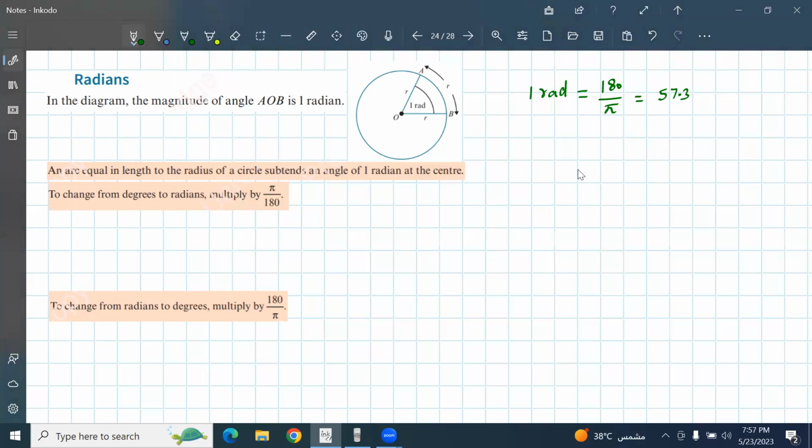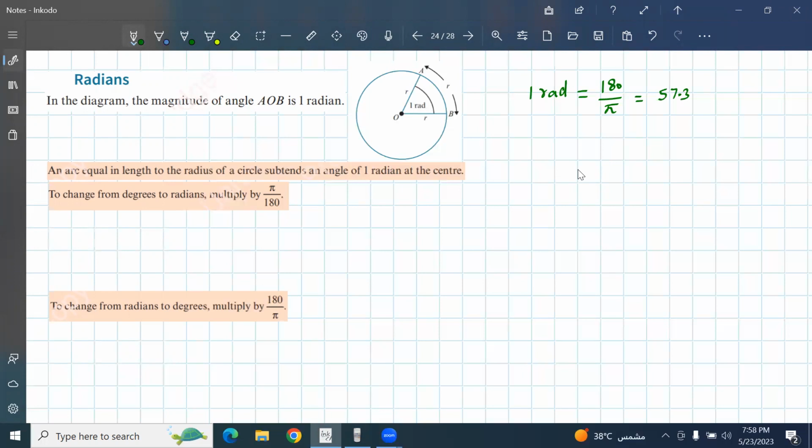So an arc in radian, how can we say that? Radian is another form to calculate the angles. When we measure the angles, we use the degree concept, as well as radian is another form to calculate the angles.